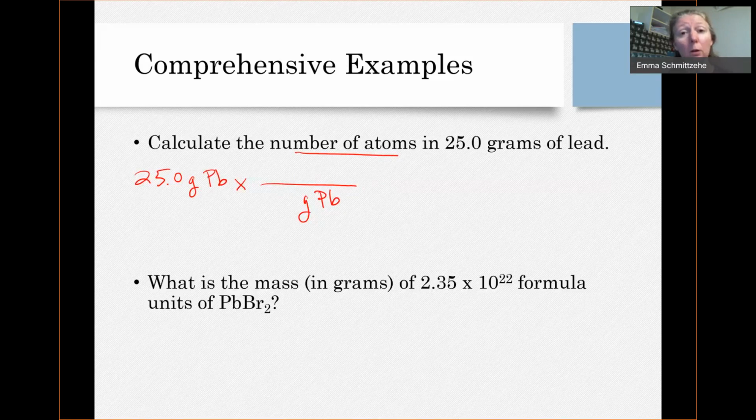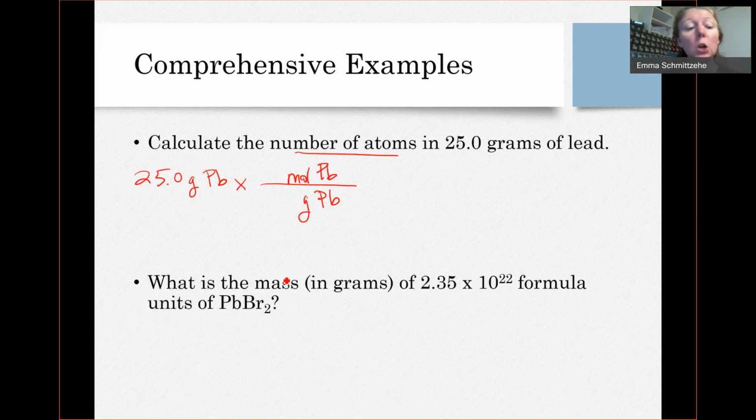Atoms is the particle we're dealing with. So then the question is, can I get grams to moles? And the answer is yes. So I can first go from grams to moles of lead. And so I need something that relates grams and moles, and that would be the molar mass.